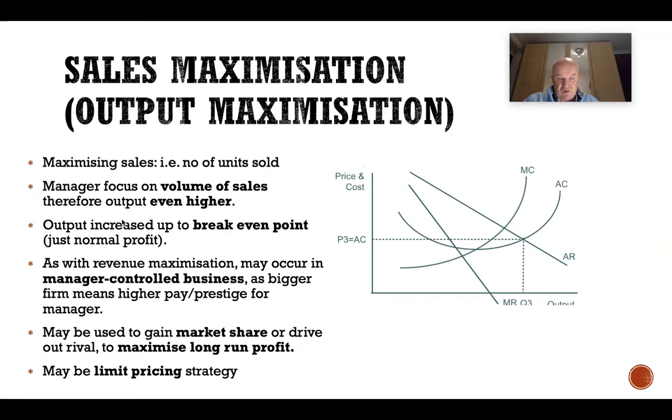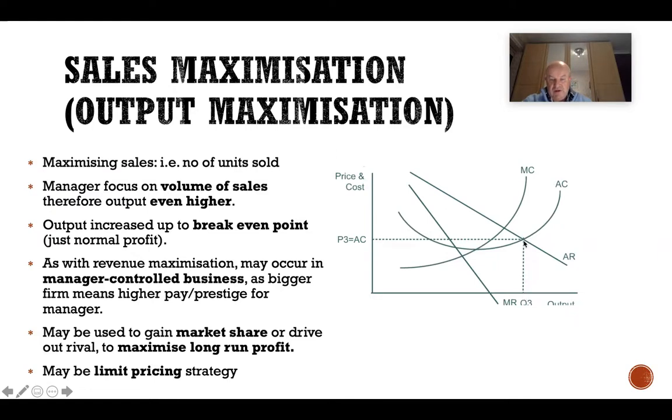Okay, so this is where we're talking about output maximization. Let's take a look at how that works. We've got a scenario where we're effectively charging at P3, where our average cost and average revenue are the same. At that point, average cost and average revenue are equal, and that is the point at which we would keep producing.